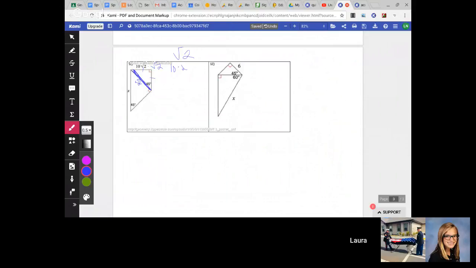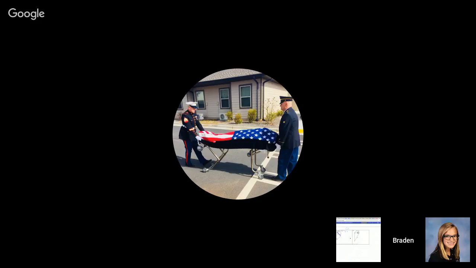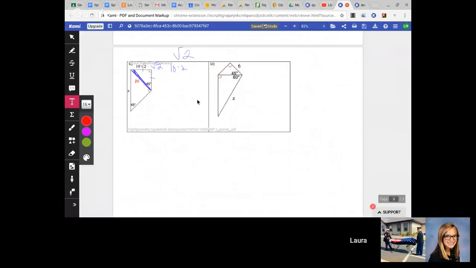So in the bottom triangle, is that a leg or is that the hypotenuse? That's the hypotenuse. The x is the hypotenuse.